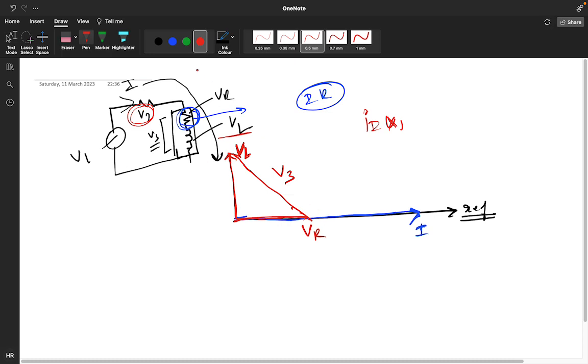So V2 will also lie in this, correct? Particularly in this part. Because the same current is coming and you are multiplying with the resistor, so V2 will be in the same part. Correct?